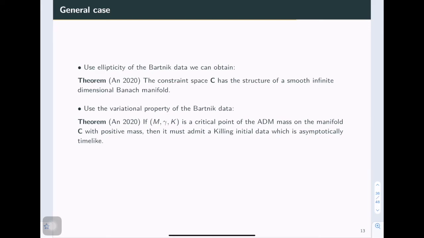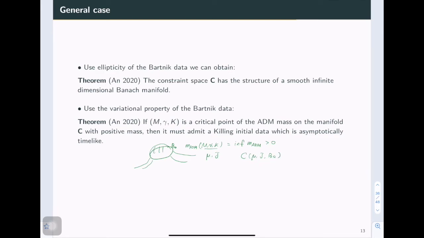This result tells us some geometric property that a mass-minimizing extension should satisfy. If we take a compact initial data set, which gives rise to a fixed Bartnik data on the boundary, and then we consider all possible asymptotically flat extensions for that, and assume M gamma K is the initial data set which realizes the infimum ADM mass, that is positive, then we can take the constraint nu and J, which are satisfied by this M gamma K, and consider the constraint manifold C nu J B naught.